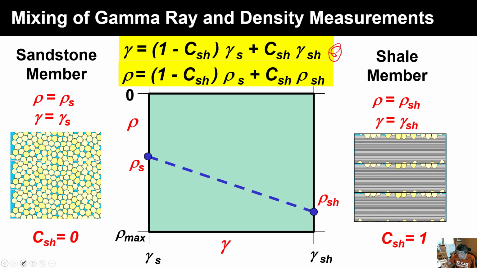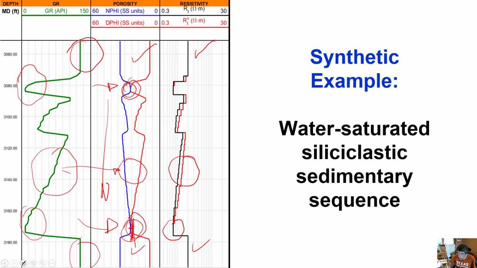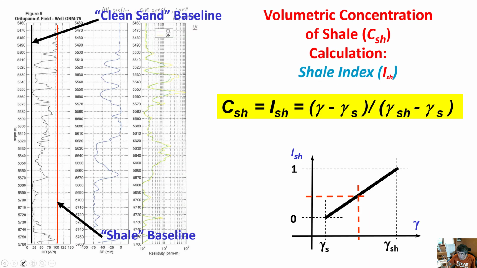So solve this equation, and the solution is precisely this formula that you see here. That formula is the realization of the mixing law, turning the equation so that you assume you know what the gamma ray log is in the pure shale and in a clean sandstone, and if you measure the gamma ray log anywhere else, then you can calculate the volumetric concentration of shale at that point.